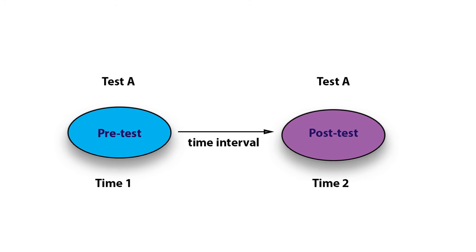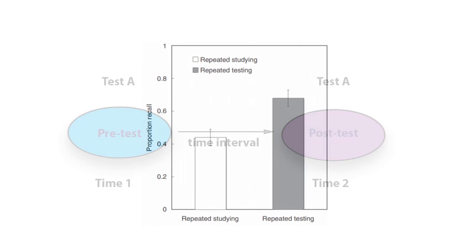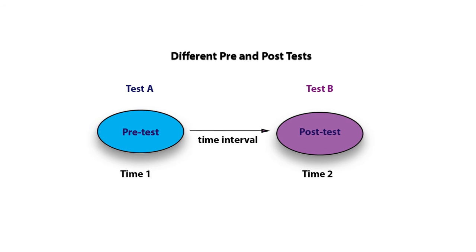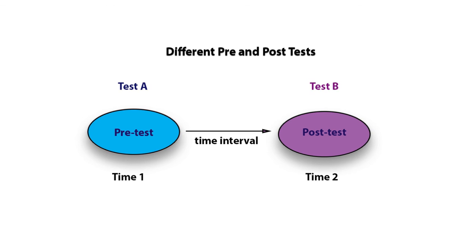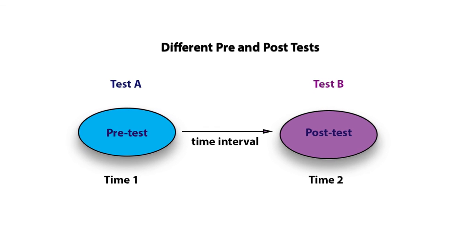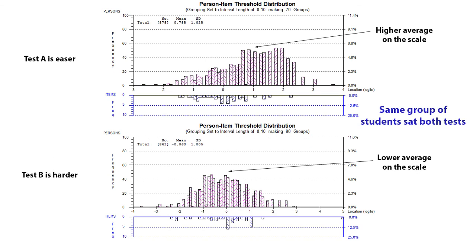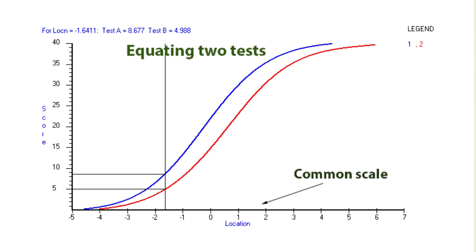Using the same pre- and post-test is not a good option because of teaching to the single test. Using different tests pre and post that have no common scale is generally not a good idea, as the tests are unlikely to be equally difficult. Using different tests or tasks with the same scale is optimal.